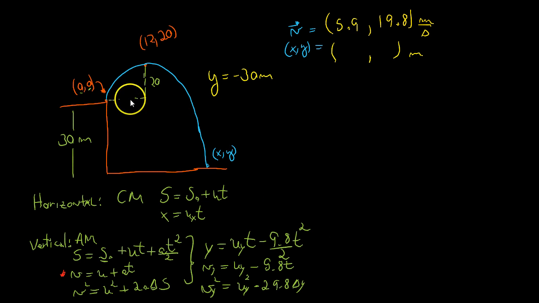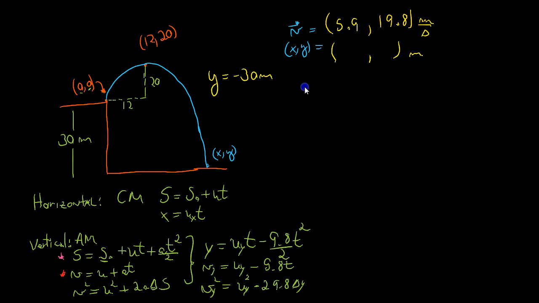Okay, so let's start by calculating the time it takes for the rock to go from the highest point to the bottom here, all right? And we're going to do that by using this equation here, okay? We know that y equals uy times time minus 9.8 over 2, that's 4.9 times time squared. But when it starts here, we know that the vertical velocity at the highest point is 0.